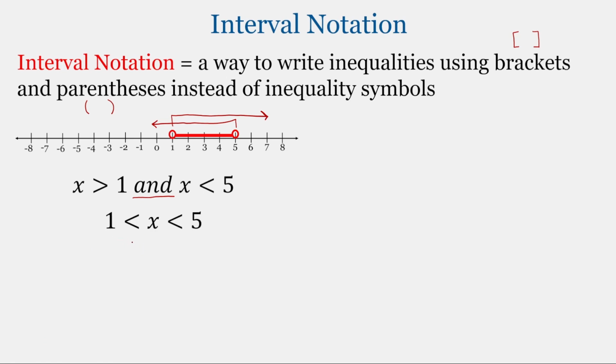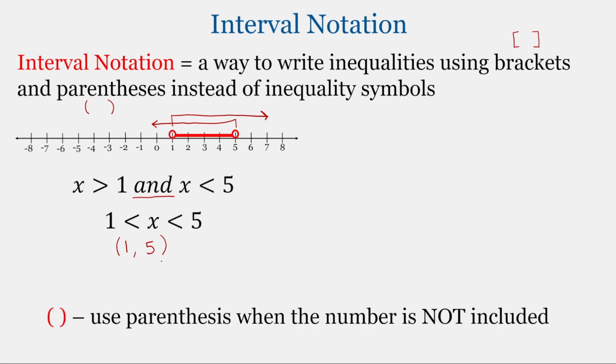So what we're going to do is write the left boundary. In this case, that left boundary is the number 1. The right boundary is the number 5. And we're going to use parentheses to show that neither 1 nor 5 is included in this interval. So we use parentheses when the number is not included.